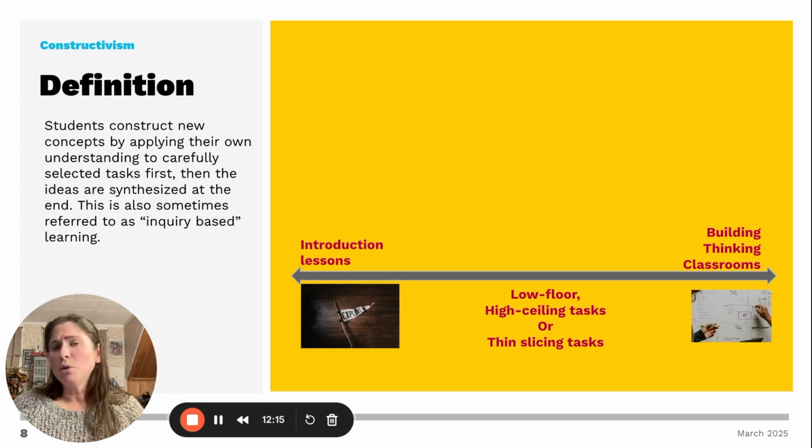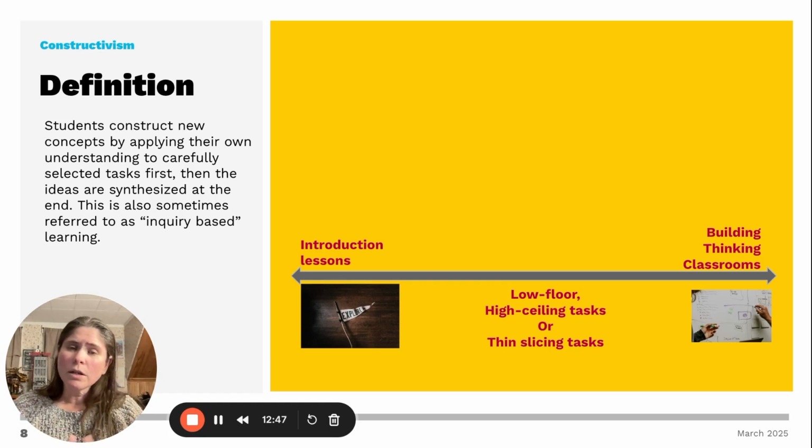It can be done by you by including what's known as a low floor, high ceiling task. If you're looking for those tasks, I strongly encourage you to check out Joe Boaler's site, YouCubed. Low floor, high ceiling tasks are tasks that every student can access with the knowledge that they have right now, but can get deeper and more creative in their answers if they have previous knowledge that's also deeper and more creative.